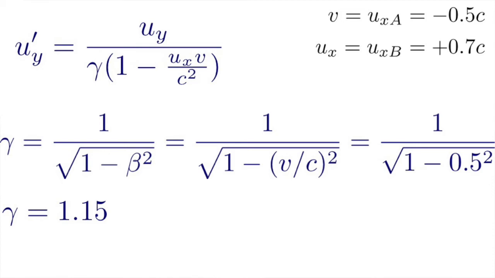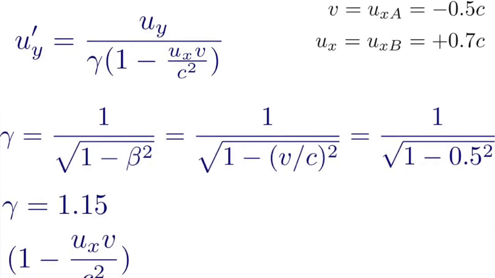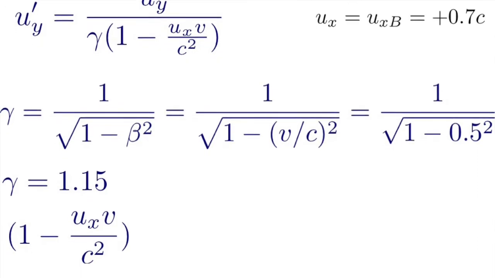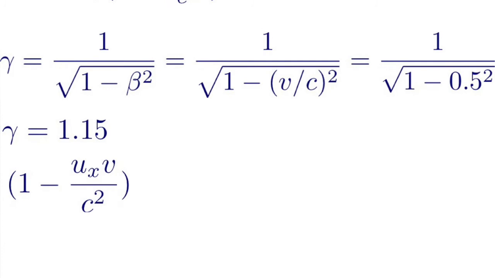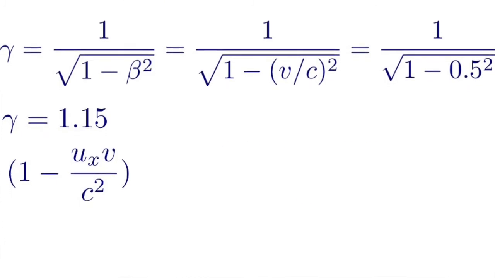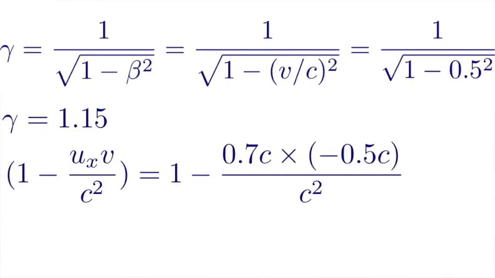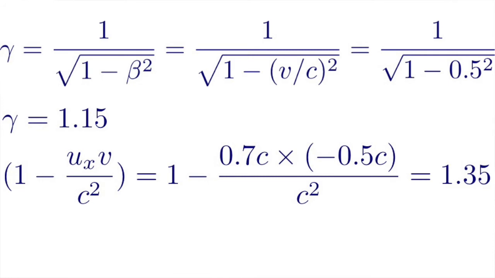Then we get a gamma value of 1.15. Then the other term on the denominator, 1 minus u sub x v divided by c squared, we put the numbers in. Now we have that u sub x is 0.7 and v is minus 0.5. From here we get that the parenthesis is 1.35.